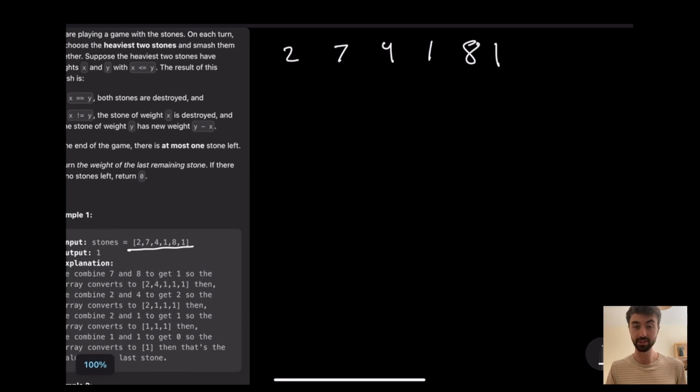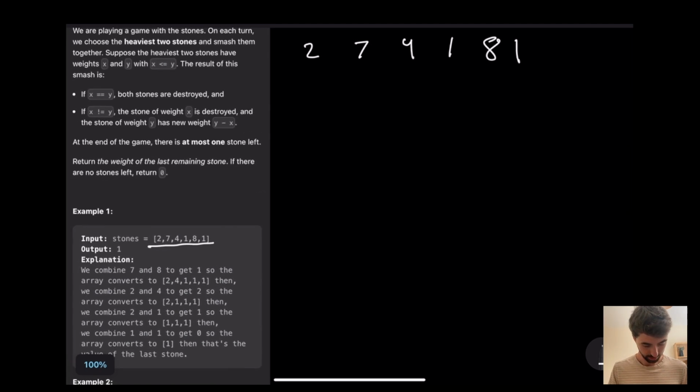And I'm just going to work through this example so we can see how this problem would work. So the first thing we do, on each turn, we choose the heaviest two stones, where x is the smaller one and y is the bigger one because of this. Or if they're the same, it doesn't matter which goes for which.